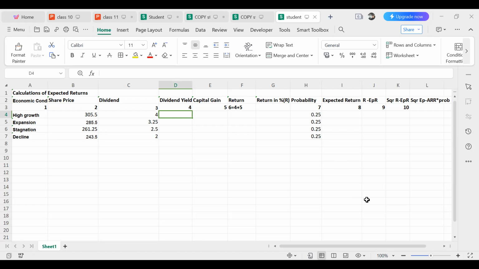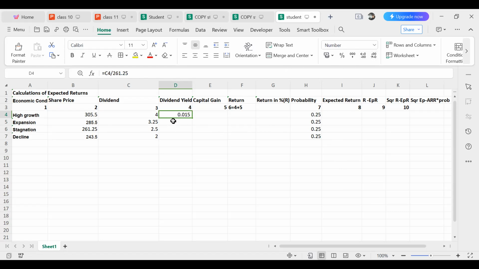It is your dividend per share divided by the share price. What is the share price? 261.25. Check if it is correct. Yes, 261.25. Simply divide. You can reduce the number of decimals.